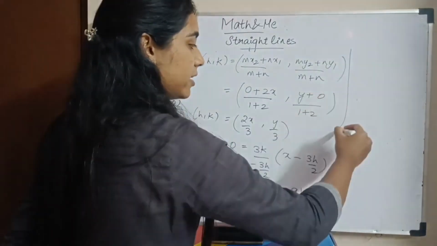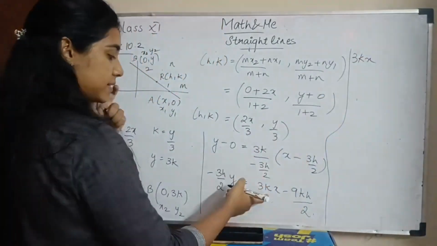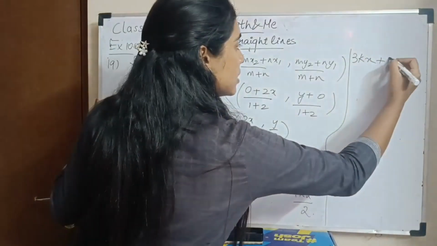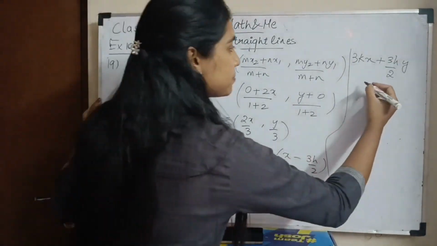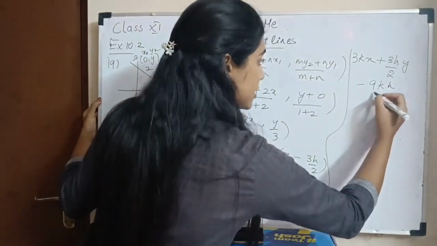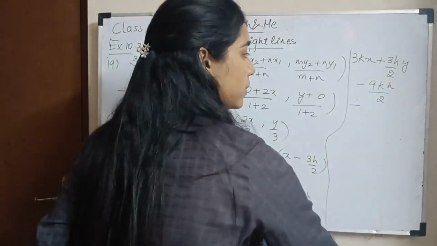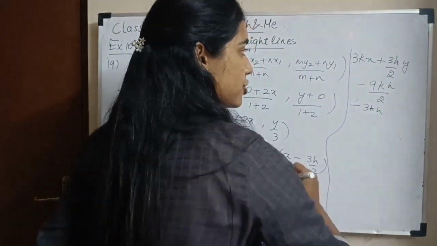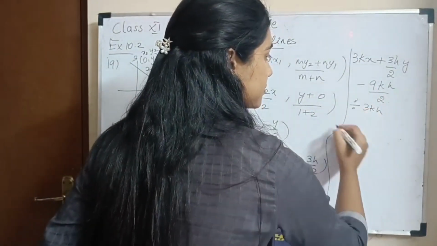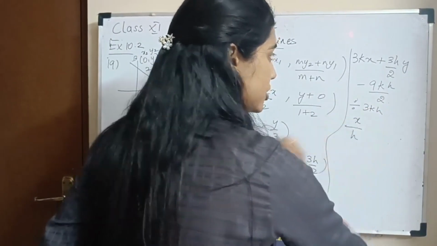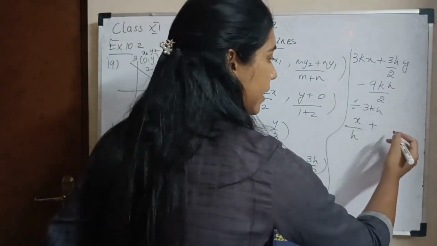So I'm going to consolidate the x and the y's. So I have 3kx plus 3h by 2 y minus 9kh divided by 2 equals 0. I'm going to divide the whole equation by 3kh. So what do I get? 3k goes off. So I have x divided by h plus 3h goes off, so I have k.